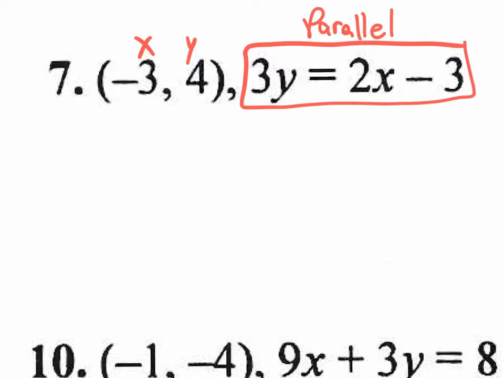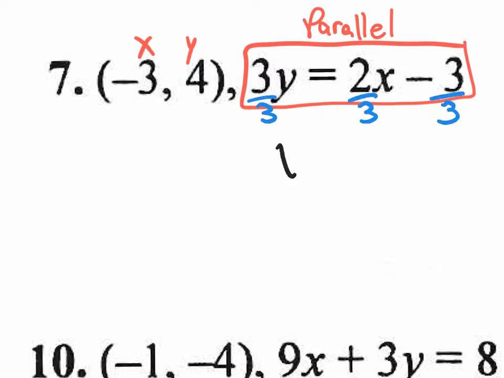It's not 2. The thing is, you cannot see the slope, you cannot see the m value unless it's in y equals mx plus b form, or unless it's in point slope form. Point slope has the m value there. This is not in any form, right? So you need to change this first to get it in y equals mx plus b form so you could see the m. Divide by 3, divide by 3, divide by 3.